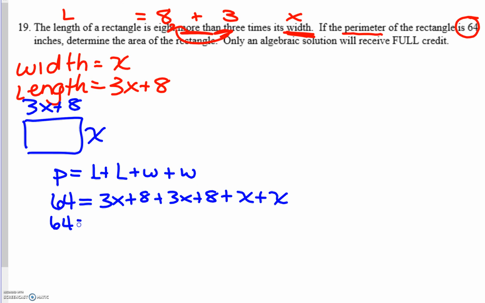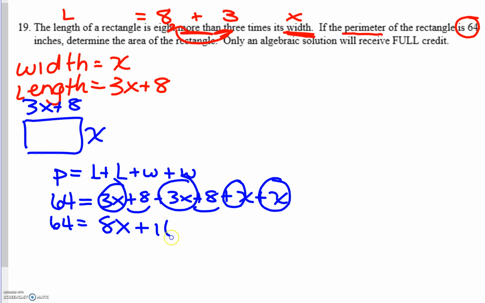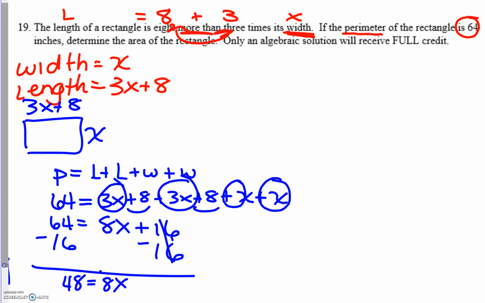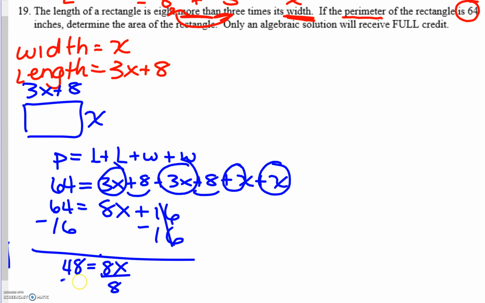When we combine like terms, we have 8x plus 8 and 8 is 16. From here, we're going to subtract 16 over to the other side. 48 equals 8x. And then from here, divide by 8, and x is going to equal 6.